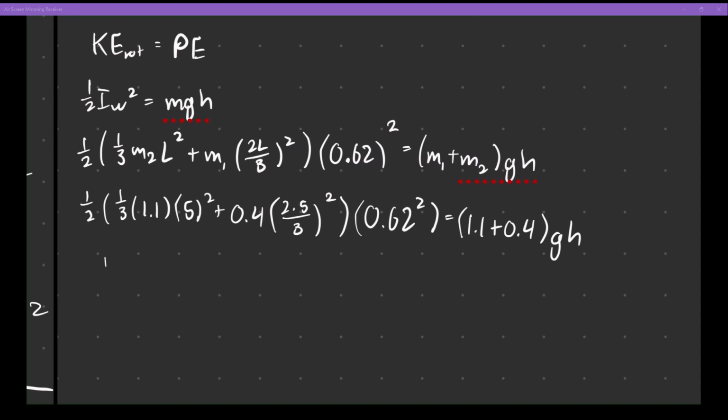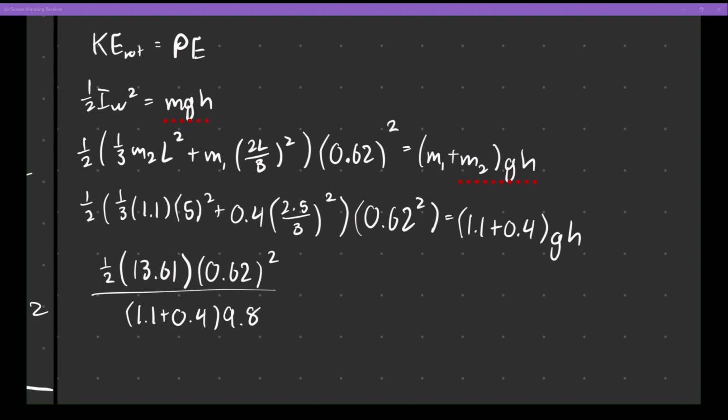It's just 1/2, and the I value simplified down is 13.61, and then all of this is equal to h, and you plug all that into your calculator. You should get h equals 0.178 meters. That's how high it rises after the collision.